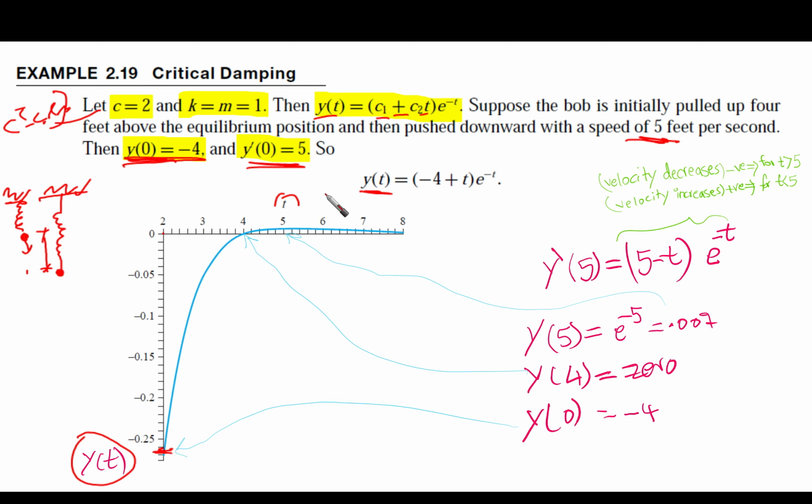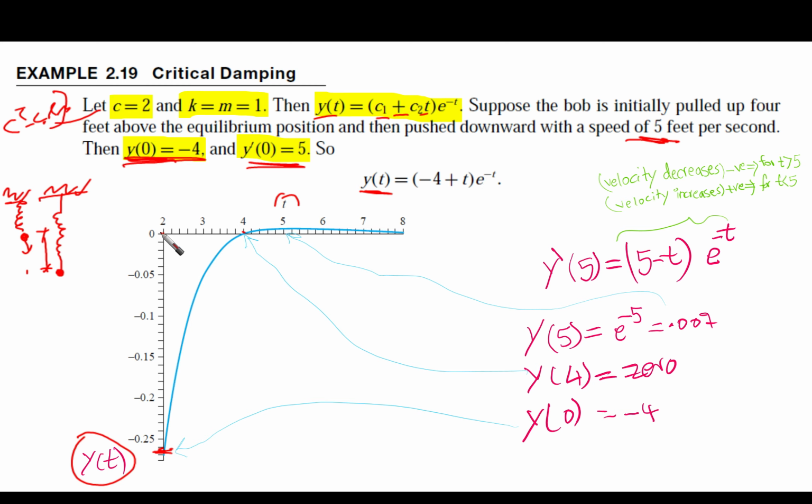And then if t is increasing, what will happen? Yes, it is decreasing because we have an exponential function here. So it is exponentially decaying until we reach the point where the bulb would exceed the equilibrium position, at t equal to 4. Look here, if we put t equal to 4, minus 4 plus 4 is 0.